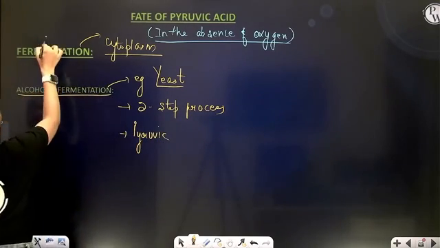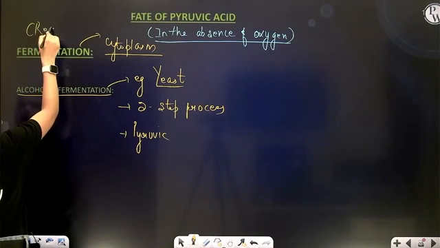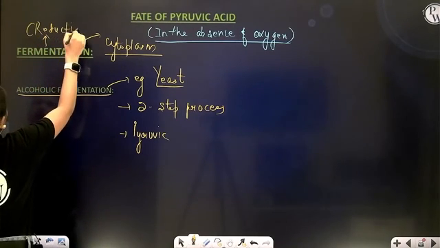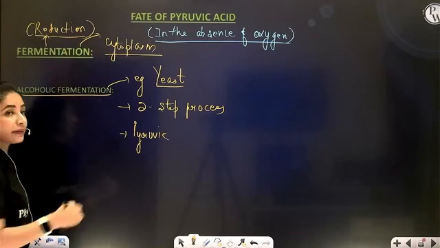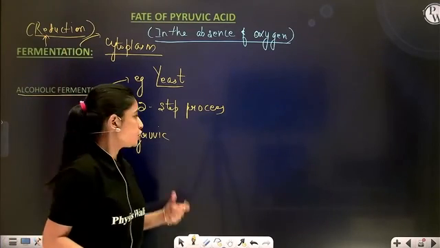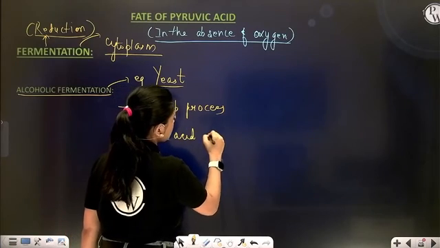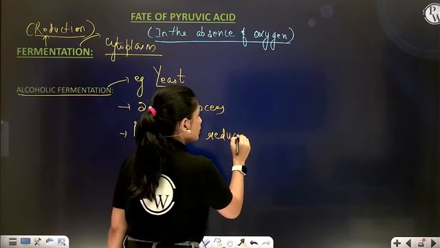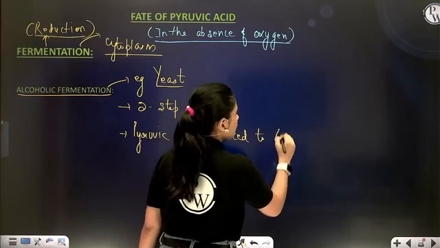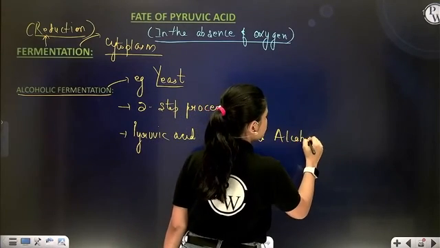Fermentation chemically is a reduction reaction. So here pyruvic acid in a two-step process will be reduced to alcohol and CO2.